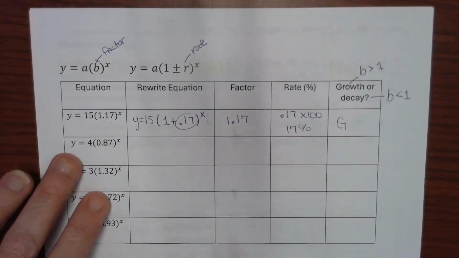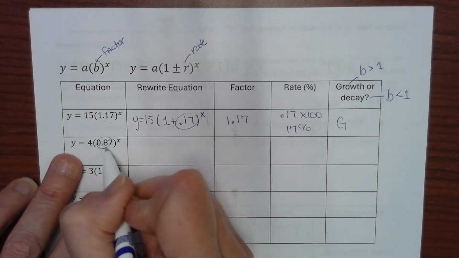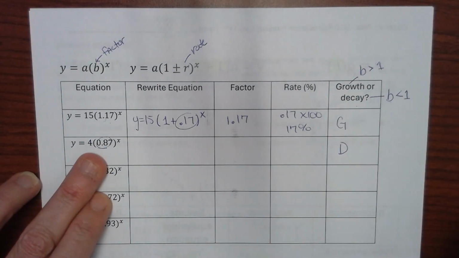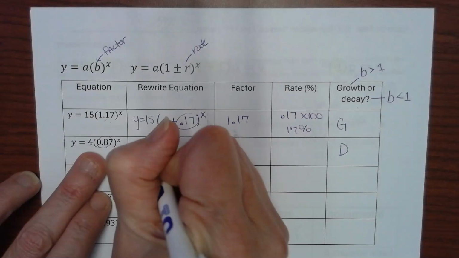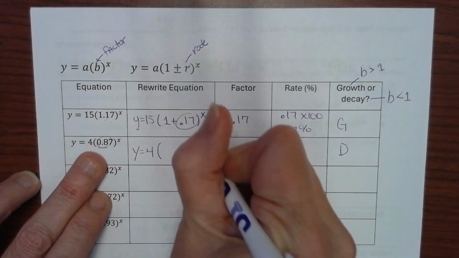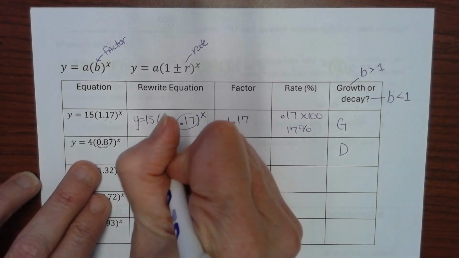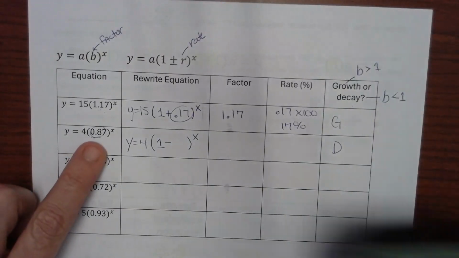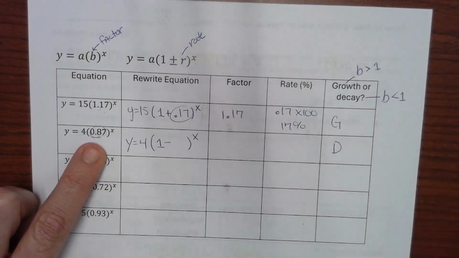Okay, let's do one of the harder ones. Let's do the decay. See, this number is smaller than 1, so I automatically know this function is decaying. And now I need to write the equivalent expression, and this is where it gets kind of funky. It's smaller than 1, so this is 1 minus a number. And if I want to know what it is, I can pop it in 1 minus 0.87, and I get 0.13.